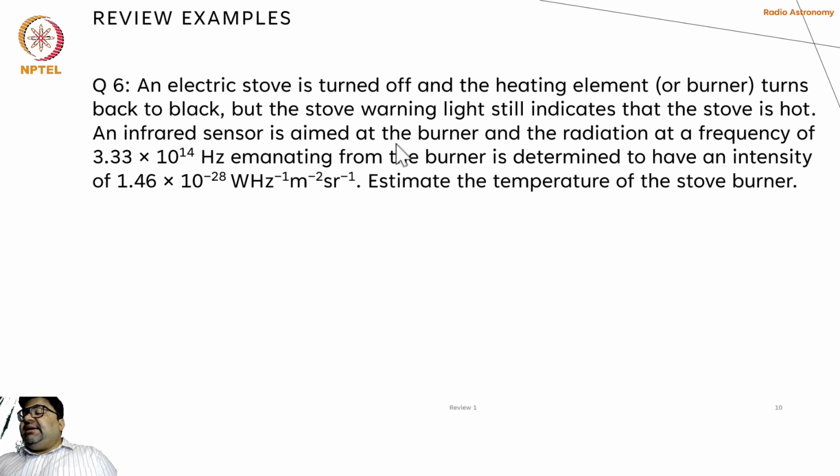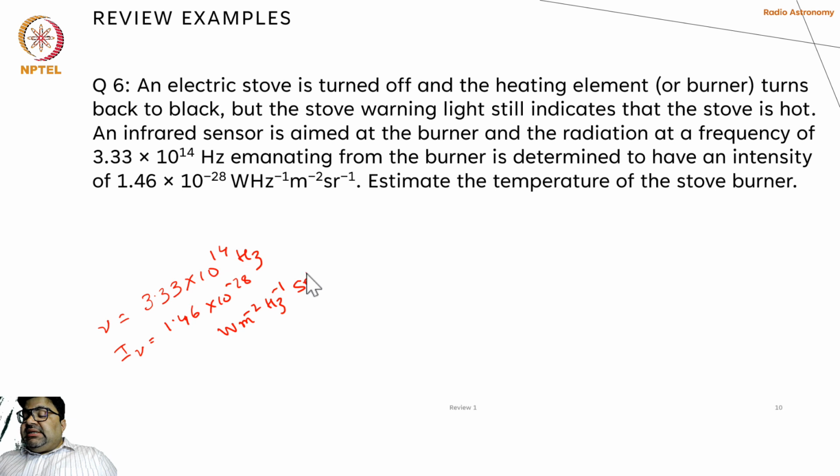An infrared sensor is aimed at the burner, and radiation at a frequency of 3.33 times 10 to the power 14 hertz, so it's quite high, was detected from the burner, having an intensity of 1.46 times 10 to the power minus 28 watt per meter square per hertz per steradian. Estimate the temperature of the stove.